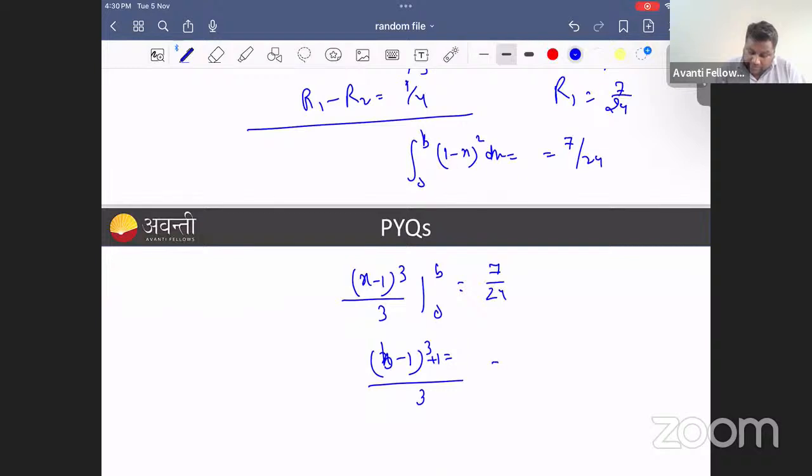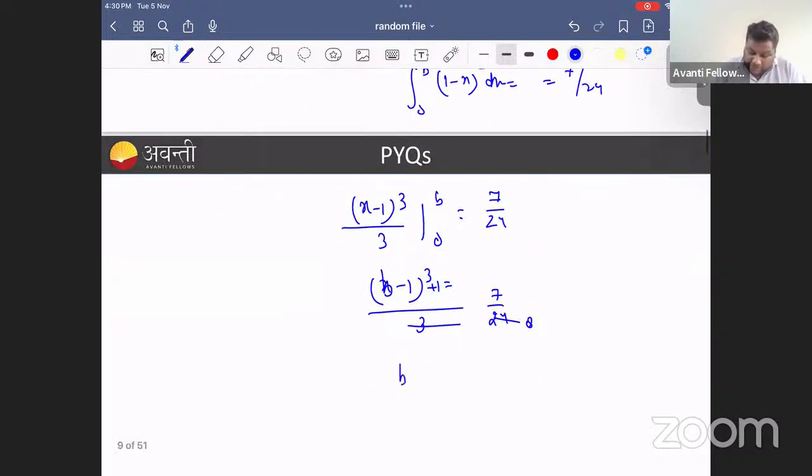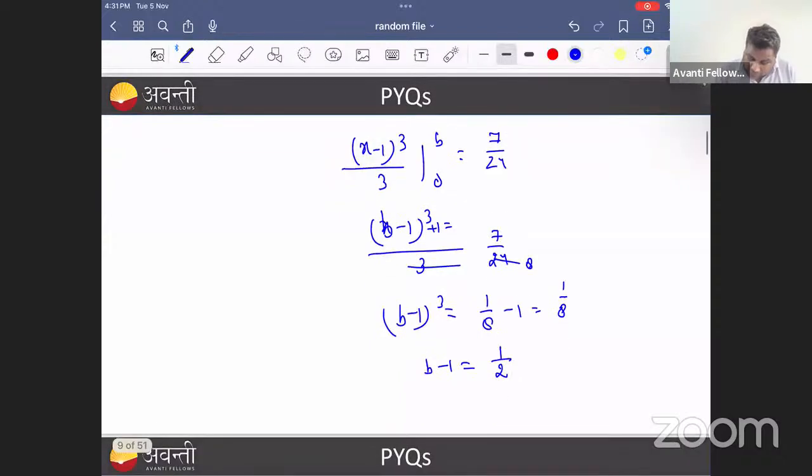So it will become 7 upon 24, and 24 says it will go to 8. So (b minus 1) whole cube is 1 by 8 minus 1, that is minus 1 by 8. (b minus 1) became 1 by 2. So b became 1 plus 1 by 2. That is what, again there is some mistake.